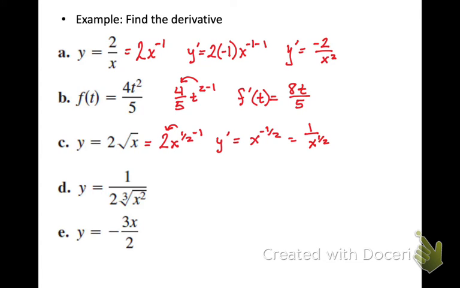But we can't have a fractional exponent in the denominator either. So what would I have? That's the square root of x, right? So you multiply the whole thing by the square root of x, and we have the square root of x over x.